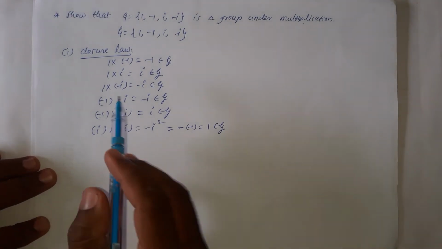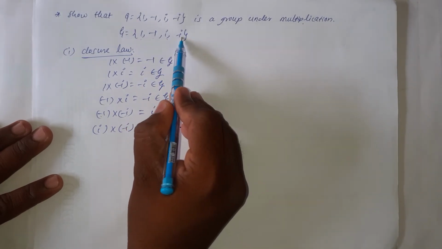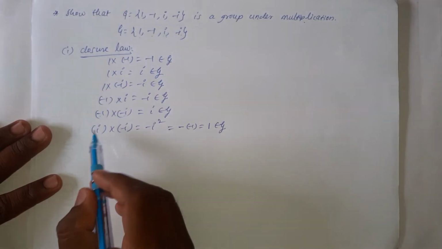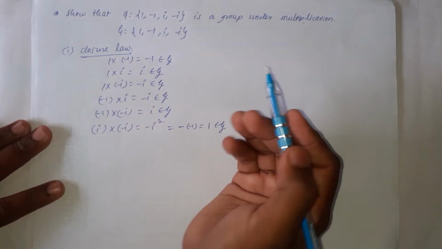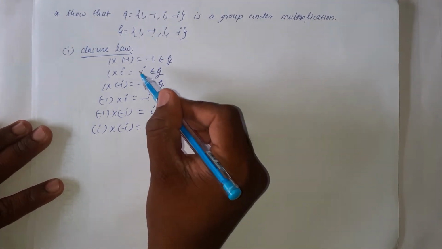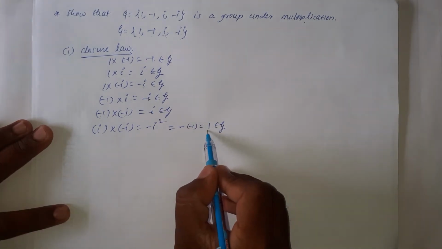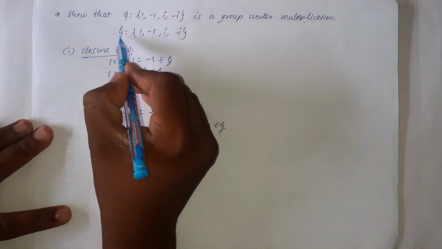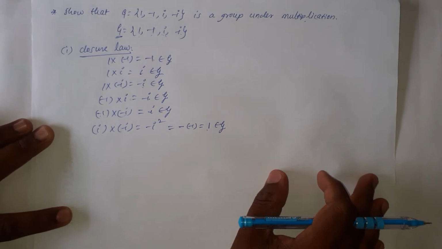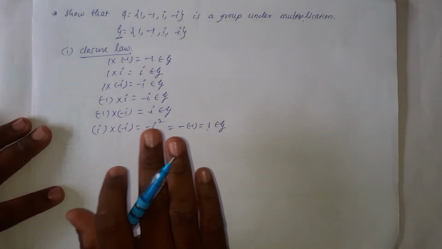Here we are multiplying the first element by the second, third and fourth, then minus 1 by i and minus i, then i by minus i, and we are getting all the products: minus 1, plus i, minus i, minus i, plus i, plus 1. All the elements belong to the given set G. If any one of them were out of the set, then we could not say that closure law is satisfied.